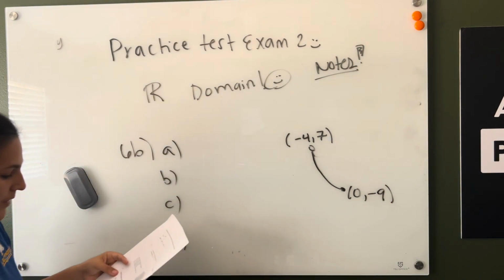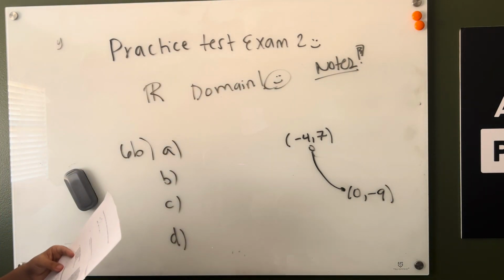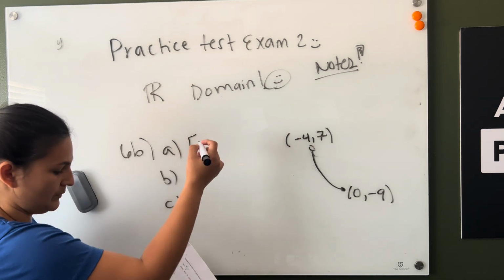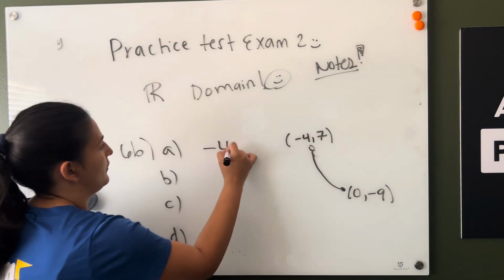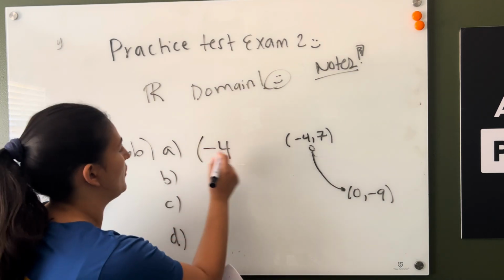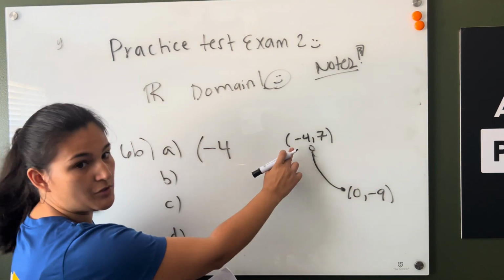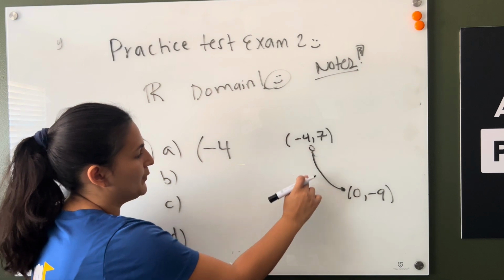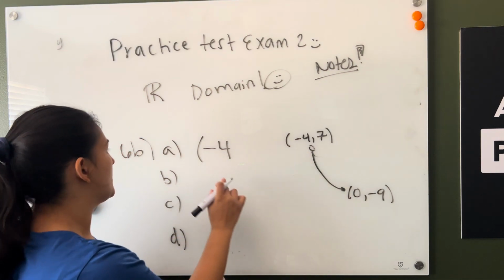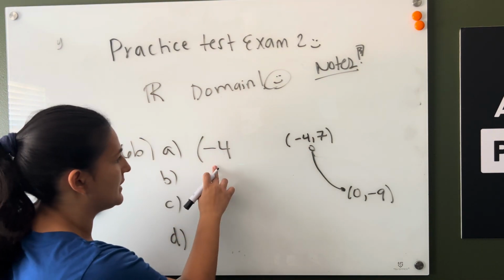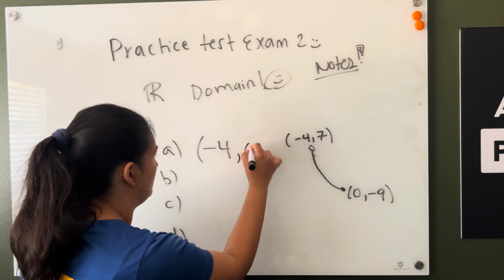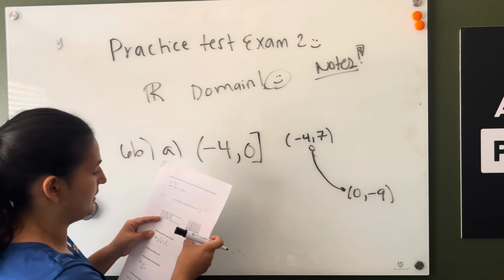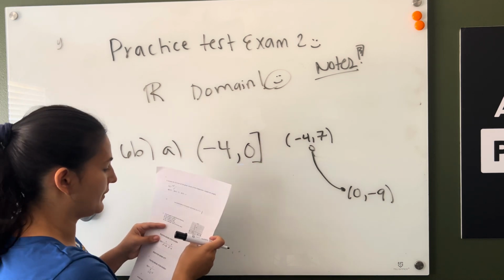So if I'm looking at all the x values, I see that the lowest x value is -4, but with a parenthesis because that's an open circle, so it's just more of a reference point. So when you plug in -4, you get 7, but it's an open circle. So make sure you have a parenthesis at -4, and then for the x values, it's going all the way to 0, right? And that is a bracket because that is a closed circle on the parabola, on the function.